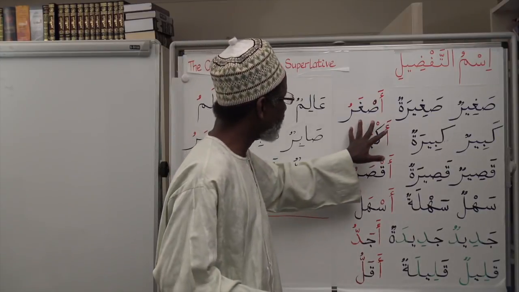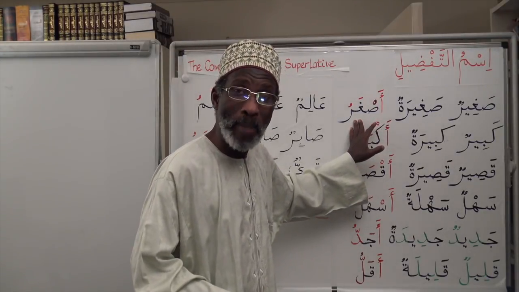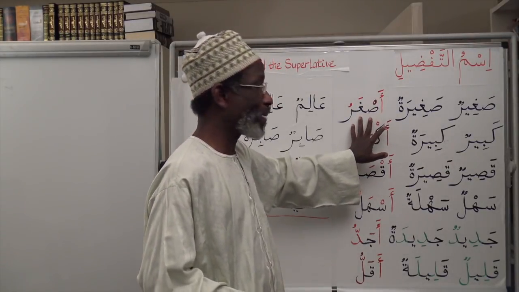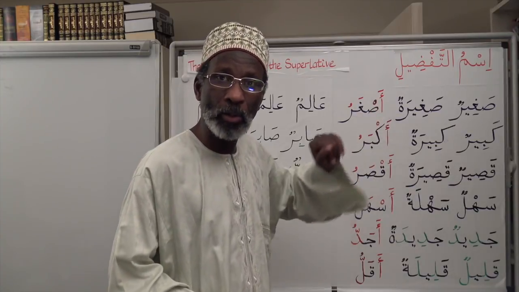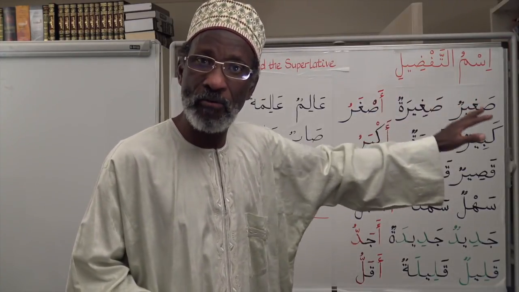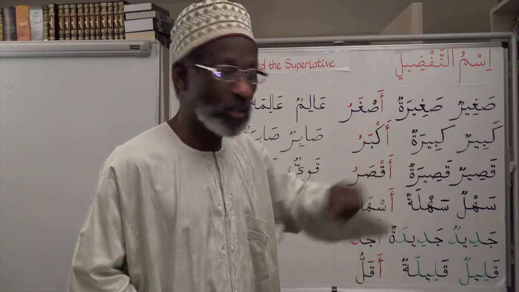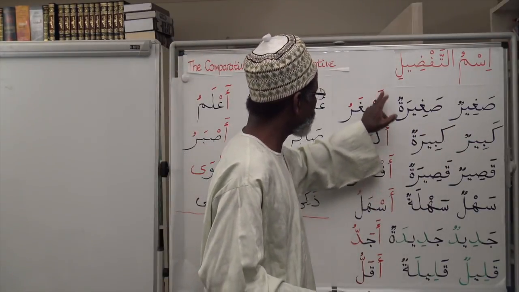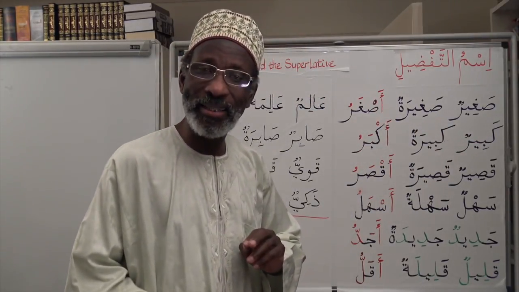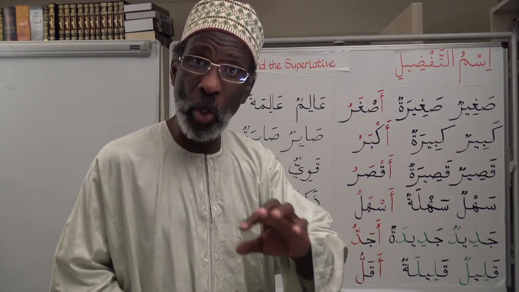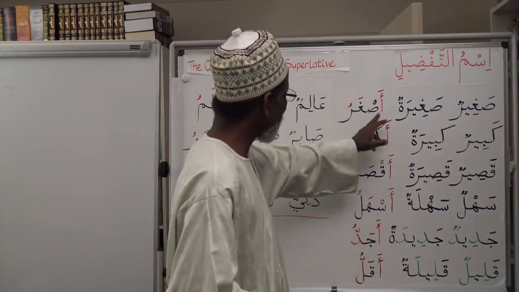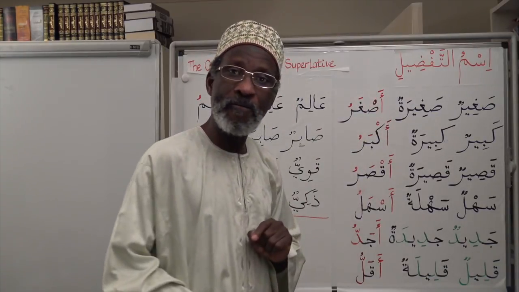Now, when we come to the elative to compare, we use this pattern. Let's see how we arrive at this pattern from the adjective. You will notice that we've introduced another letter at the beginning, before the first root letter. So you have this alif with hamza carrying fatha.